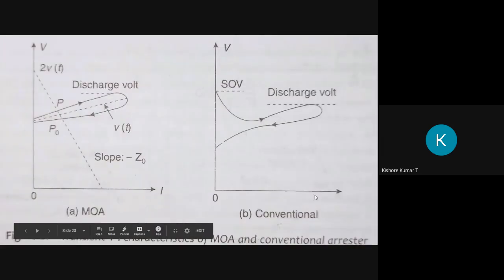this is the old time characteristics exhibited by a conventional lightning arrestor.